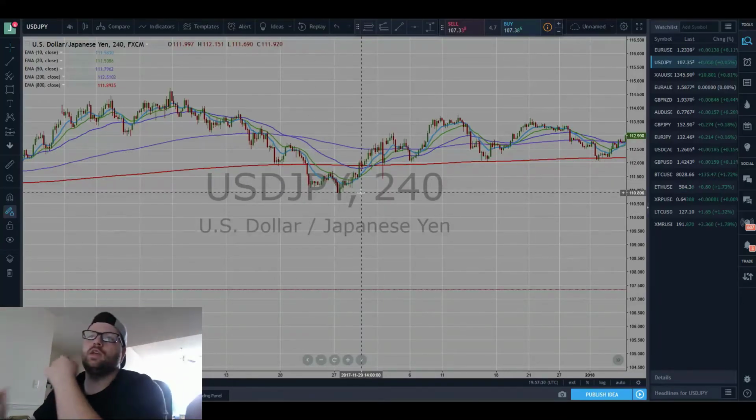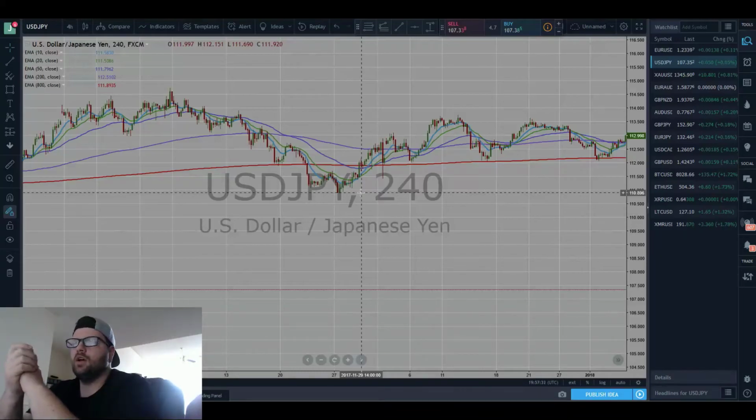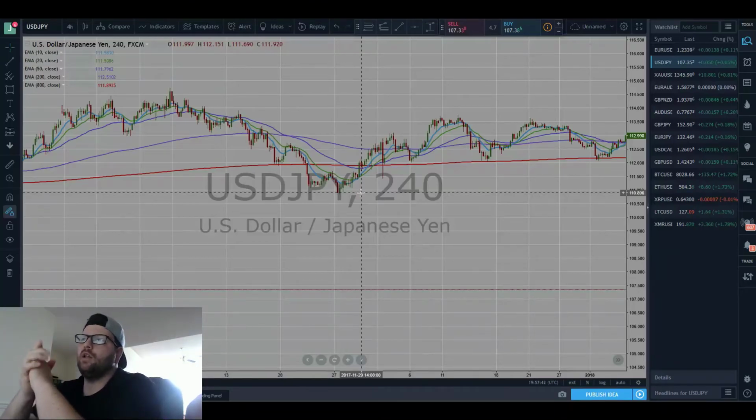Now, me personally, I like to use a magnitude of things when looking for confirmation to get into a trade. I look for not only EMA rejections, but also price being around or far away from EMA levels. I use candlestick analysis. I'm a firm believer in candlestick analysis. Market structure is also a huge thing.